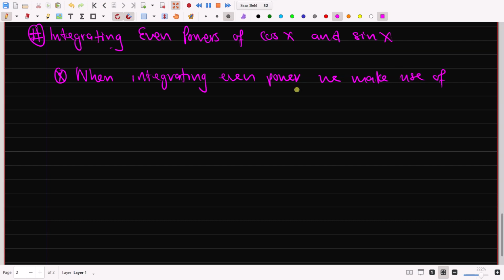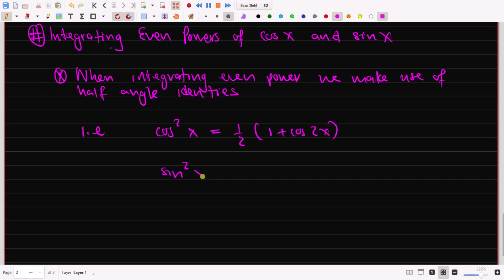So every time you're dealing with these things, this is what you need. You need the fact that cos squared x is the same as half of 1 plus cos 2x. And then you also need the identity which says sin squared x is half of 1 minus cos 2x. So every time you're dealing with even powers of cos and sine, these are your tools.